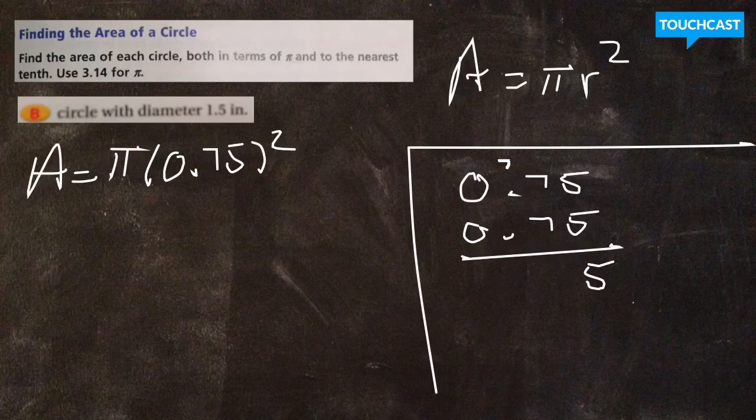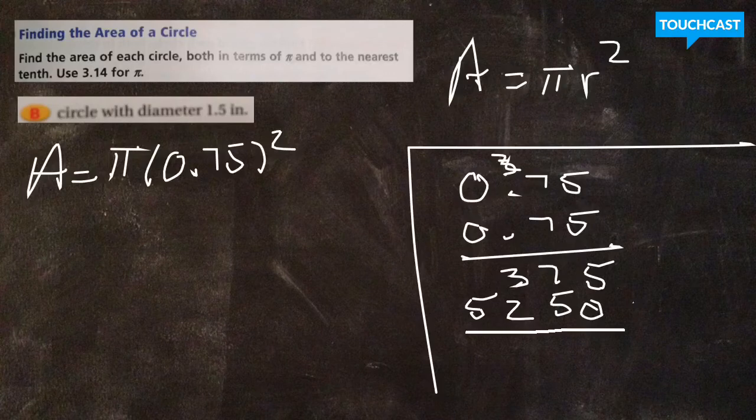Carry the 2. 5 times 7 is 35 plus 2 is 37. Write a 0. 7 times 5 is 35. Carry the 3. 7 times 7 is 49. Plus 3 is 52.